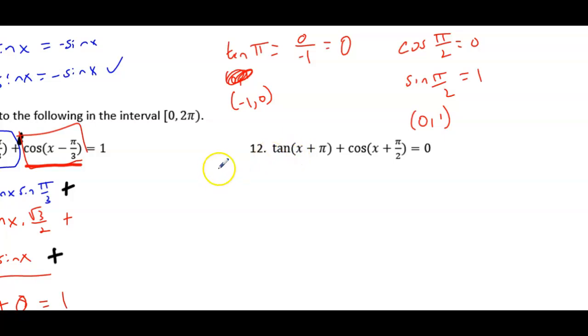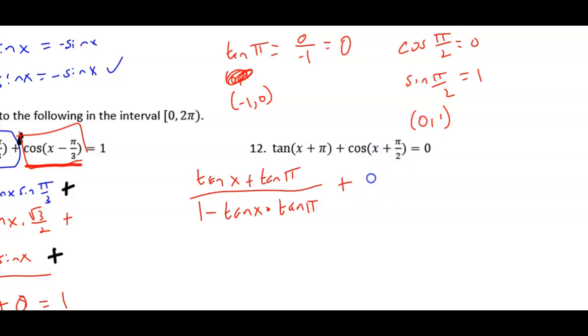Tan of x plus pi is tan a plus tan b all over 1 minus tan a times tan b. Cosine of x plus pi over 2, or cosine of a plus b, is cosine a cosine b minus sine a times sine b.